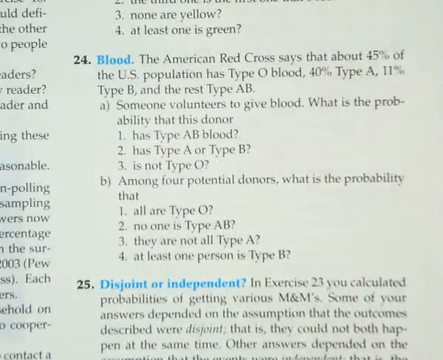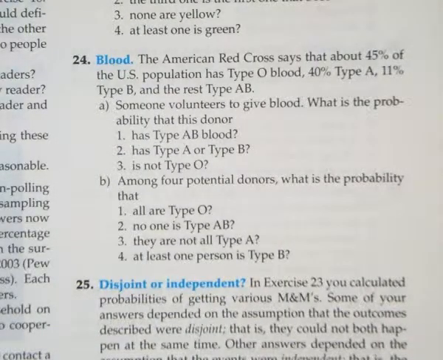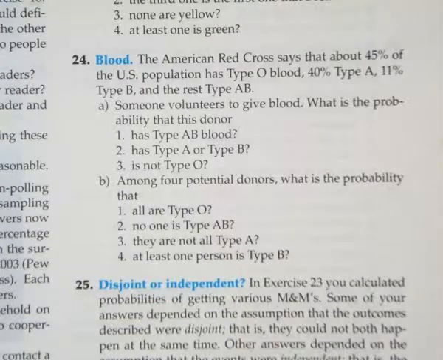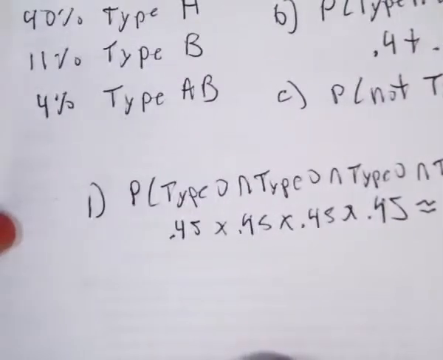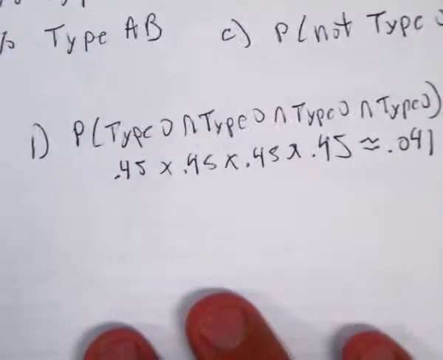I'm sorry, problem 2: no one is type AB. Type AB is 4%, so the probability of not being type AB is 96%.